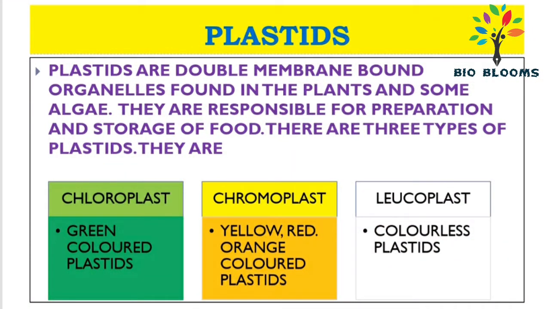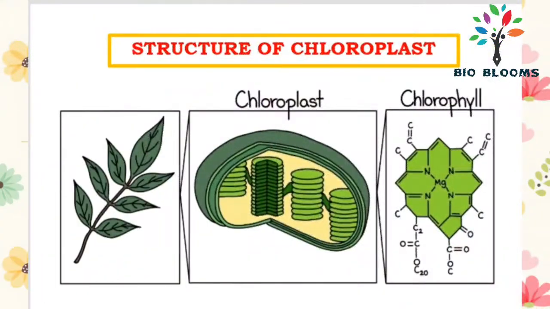And the next one is the plastids. Actually these plastids give color to the leaves, fruits and vegetables. Chloroplasts are green, chromoplasts are yellow, red, orange colored plastids, whereas leucoplasts are colorless. So these plastids are responsible for preparation and storage of food.